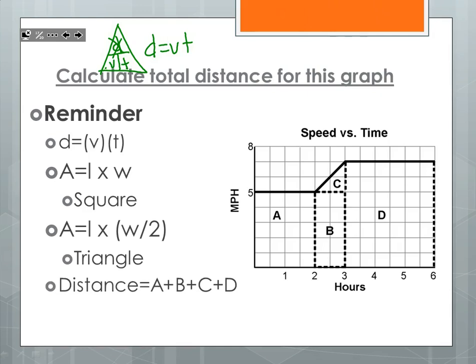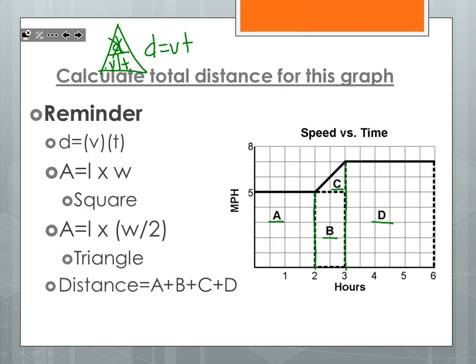So in this graph, we have A, B, C, and D. The person who wrote this example went ahead and showed you how to break these boxes up. The first box is broken where it's hours at 2. The second box, which is B, is broken at 3.